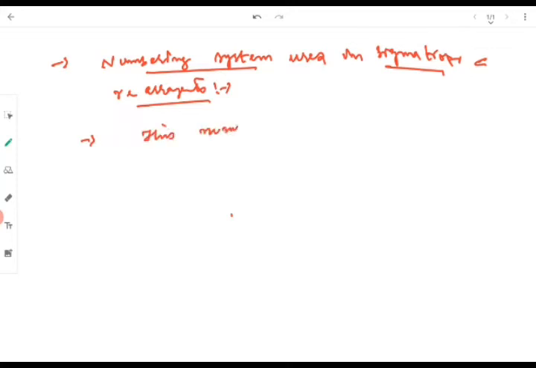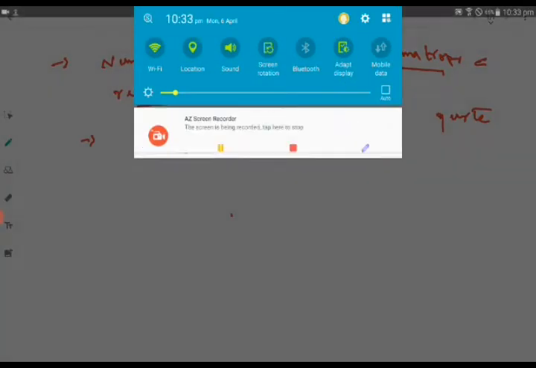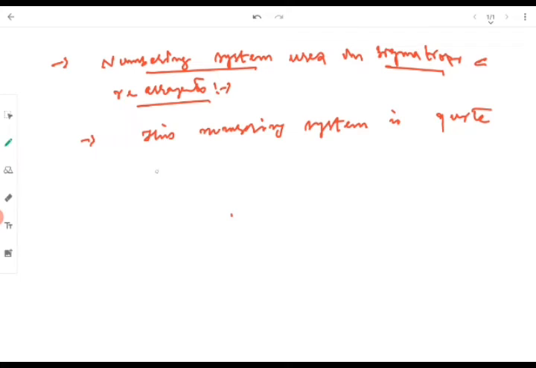This numbering system is quite unique for these Sigmatropic rearrangements.